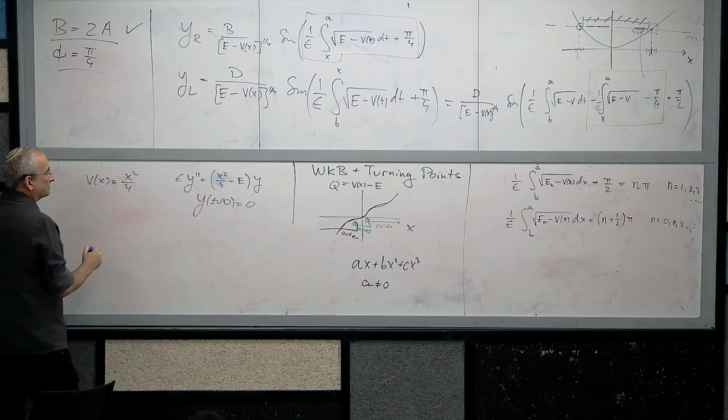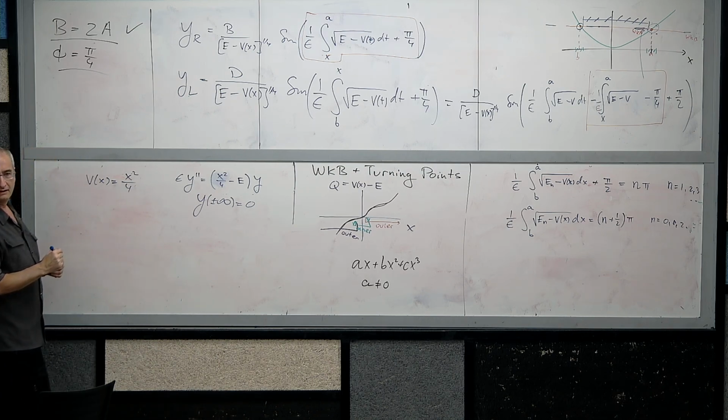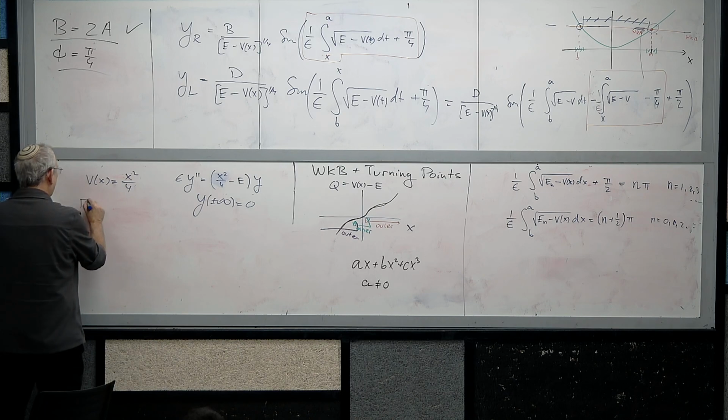So what are the turning points? Given E, what are the turning points? The turning points are where E is equal to x squared over 4.